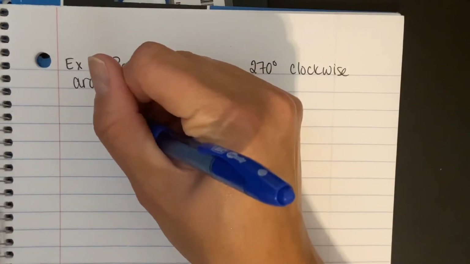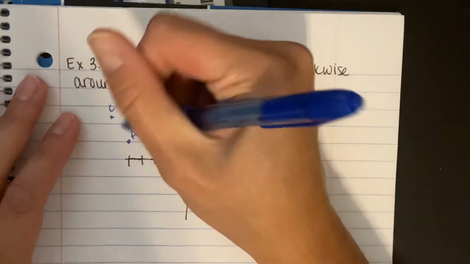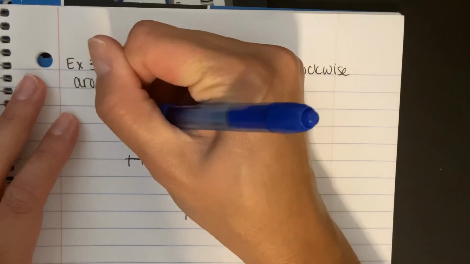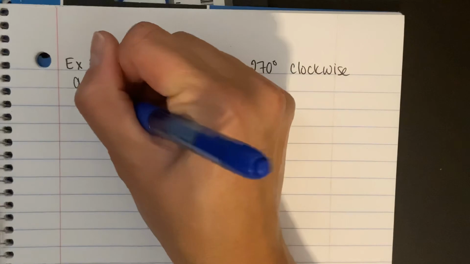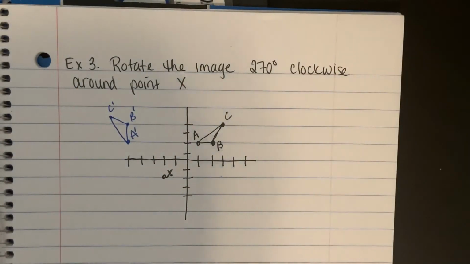I've done that before. Point C. As long as you can draw this A prime, B prime, C prime, then you're good.